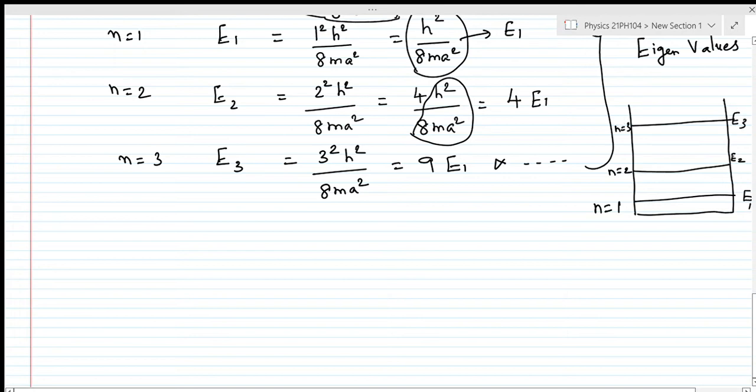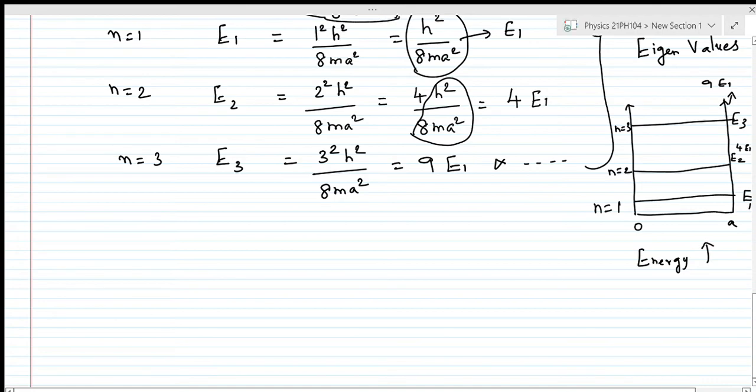Even E2 can be written as 4E1 and E3 can be written as 9E1, and so on. In this one-dimensional potential box of width a, the energy possessed by the particle is diagrammatically represented here.